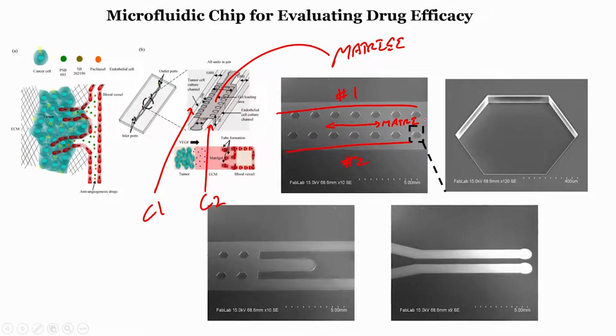Okay. So, now in channel 1 we will load cancer cells, and in channel 2 we will load endothelial cells. What are endothelial cells? Endothelial cells are the cells which help to form the vessels that will carry the blood. All right.